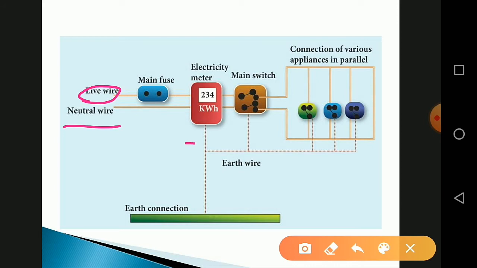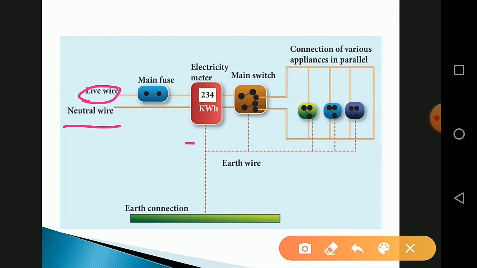The other circuit is of 15 ampere rating, which is used to run electrical appliances with a high power rating such as air conditioners, refrigerators, electric iron, electric heater, and mixer grinder.